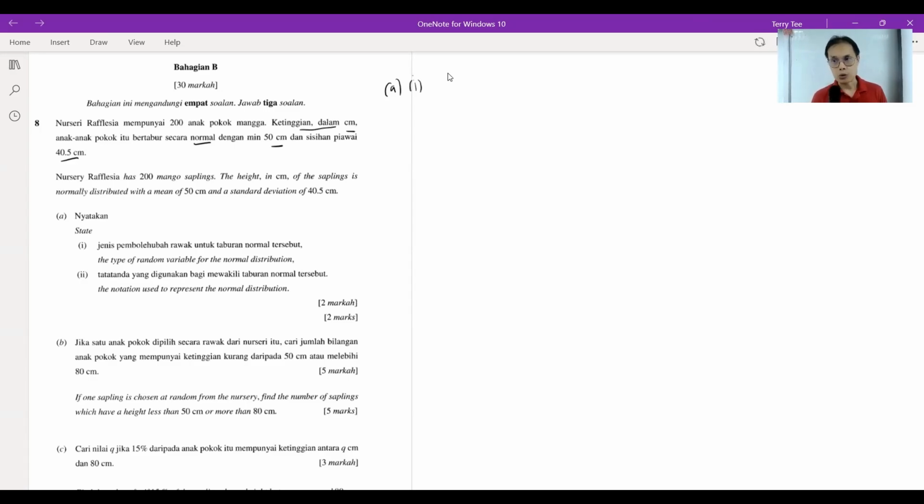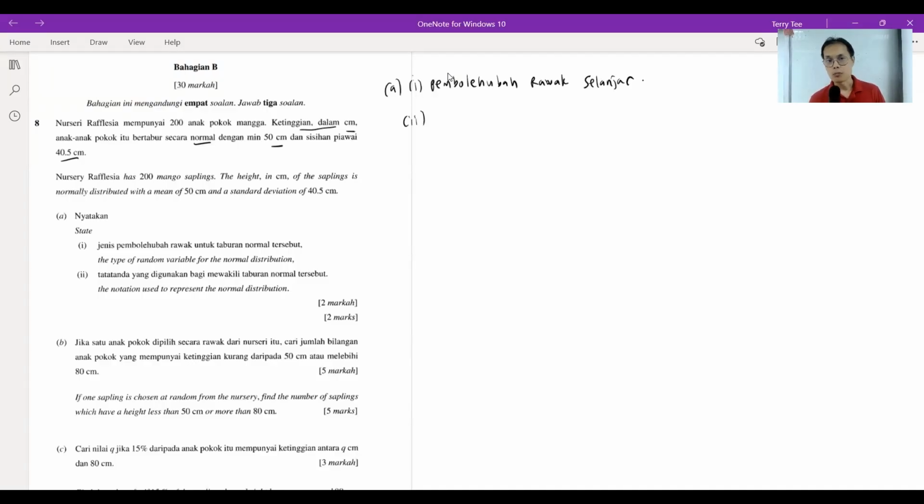So it's not countable. Countable are discrete. Measurable is continuous, or we call selanjar. So answer is pemboleh ubah rawak selanjar. Okay. Now, second one.